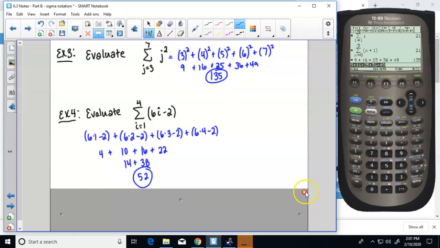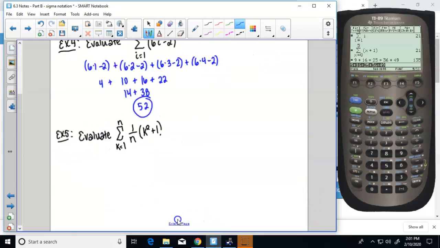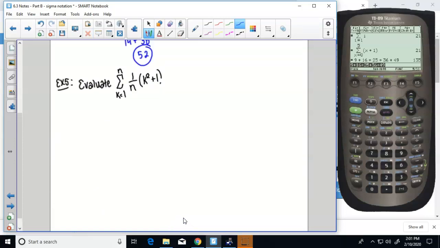So we're going to do this next one, and it's going to be a little bit different. This one we will not get a number answer on because we're going from k equals 1 to n, so we won't get a number answer here.